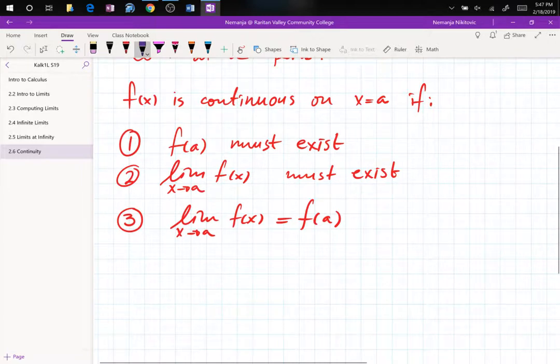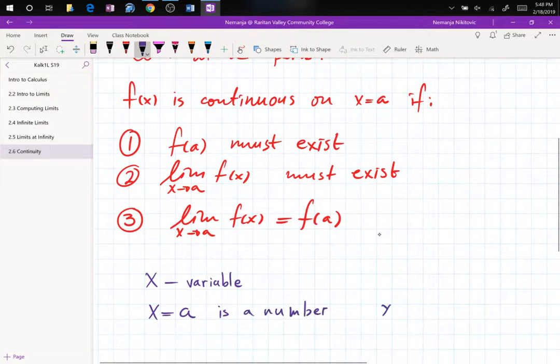So we have to make sure that we understand what's what. x is a variable. It can take on any number. x equals a is a number. An example would be x equals 3.